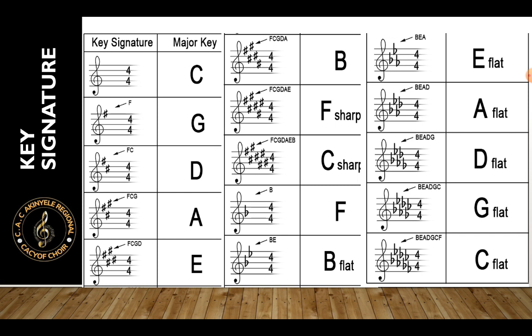If you remember, when I first started, I said that we have lines and spaces, and these lines and spaces have their fixed names. The last line is F, and that's the affected line or the affected note. If you move upward after F, we have G. So that reminds you that the key that has one sharp is the key of G major.